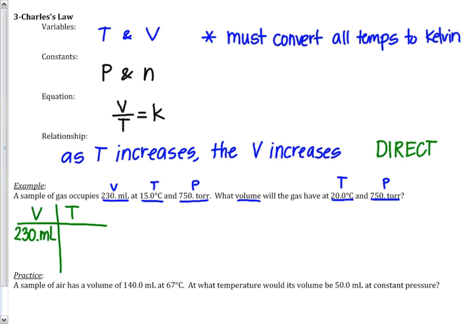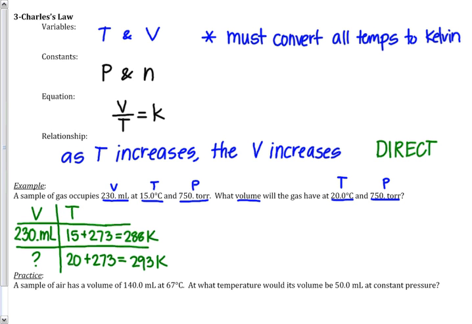So we're going to add 15 plus 273, and that's going to give us a temperature of 288 Kelvin. Now, the question's asking us, what will the new volume be if we change the temperature to 20 degrees Celsius? Which, again, we can't use Celsius. We must use Kelvin, so that's going to be 293 Kelvin.